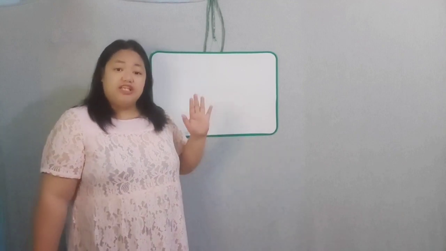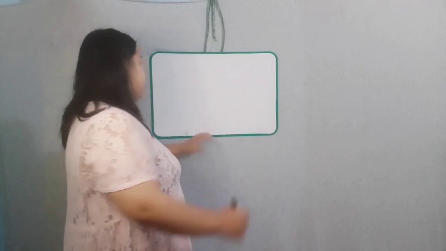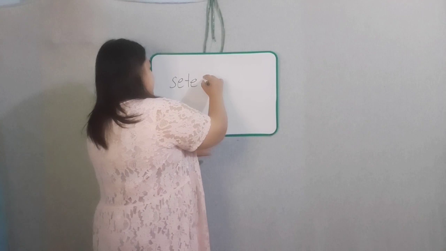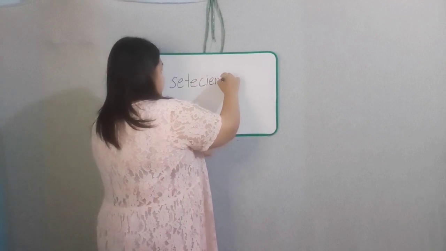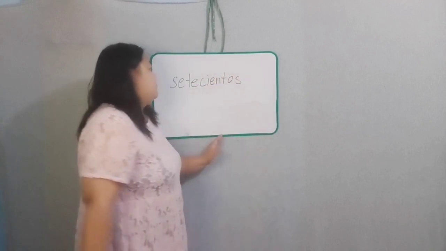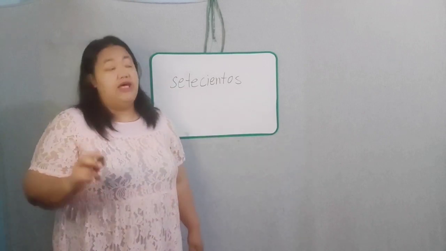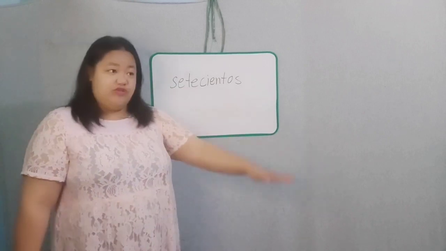Now, 600 is the same. 600, that's seiscientos. 700 is a rule breaker. So how you say 700 is setecientos. So it's not siete, it's setecientos.